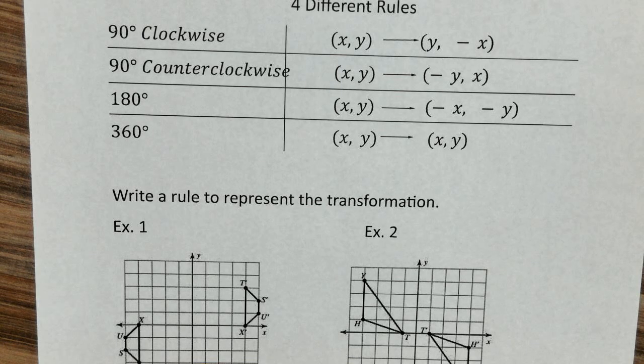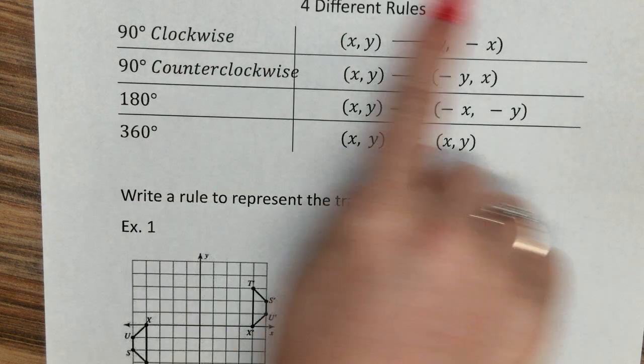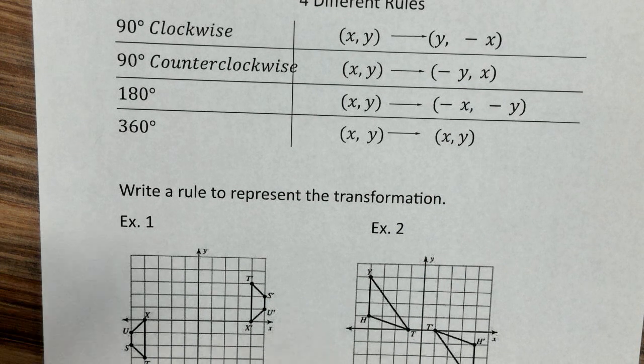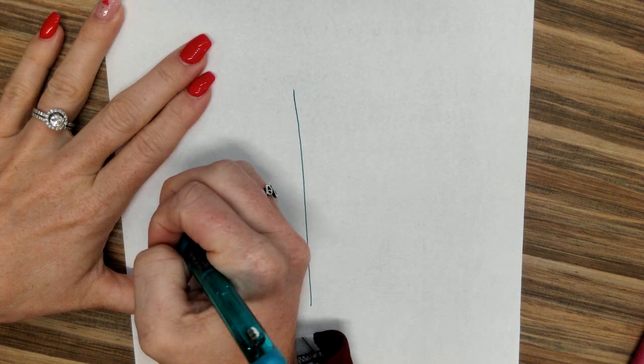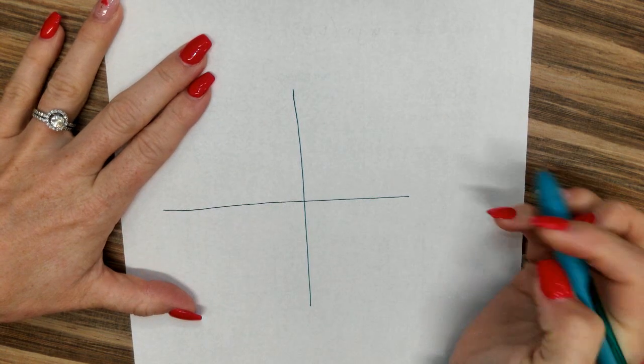Right now, I'm going to teach you the trick to learn these rules. Are y'all ready? Flip your paper to the back. Anytime on the STAR test you get asked a question about rotations, you are going to draw what I call happy face man. It's very important that you draw it correctly. You're going to draw a coordinate plane, so your y-axis and your x-axis.